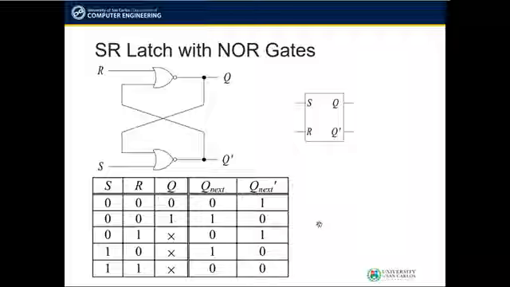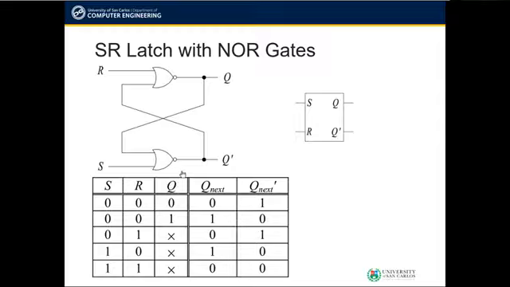Let's now try to see how the latch behaves using this truth table. Let's examine its behavior according to each input-output combination. In the truth table, note that S and R are the current inputs, Q is the current output.